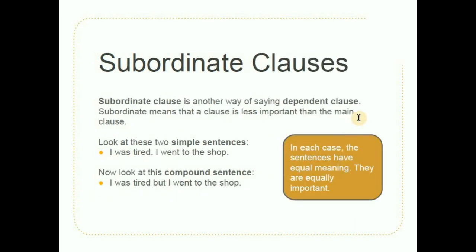There is another interesting element to dependent clauses. Now, another word for dependent clause is subordinate clause. You just saw a list of subordinators. Well, subordinate means less important than. That's why we call these words subordinators.